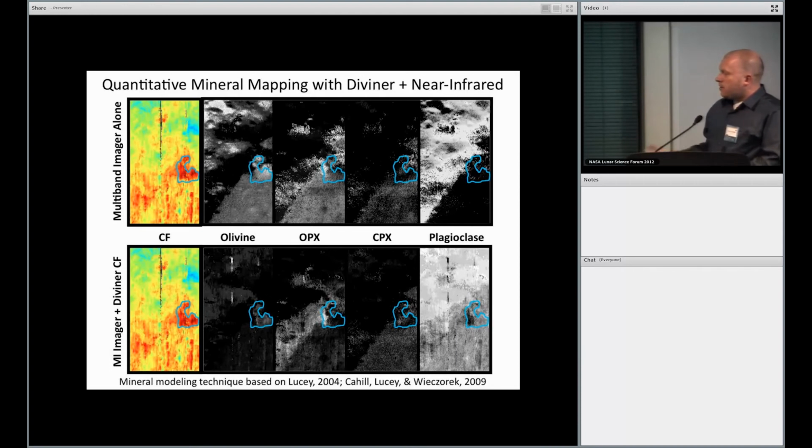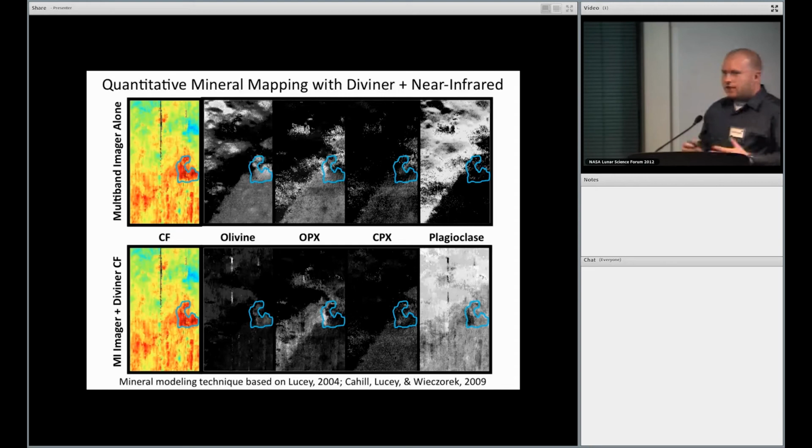But when you start incorporating Diviner and our great sensitivity to the feldspar content, you see that this feature now appears to be relatively strong in olivine, certainly, but does have a lot of plagioclase as well. And even perhaps more interestingly, on the western margin of this feature, you have a region that has very low plagioclase, and it has high orthopyroxene. So this feature actually has olivine plagioclase mix on the east side, and on the west side has almost pure orthopyroxene.